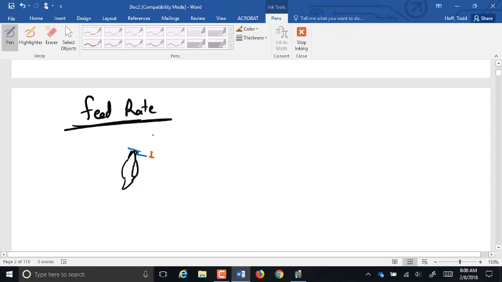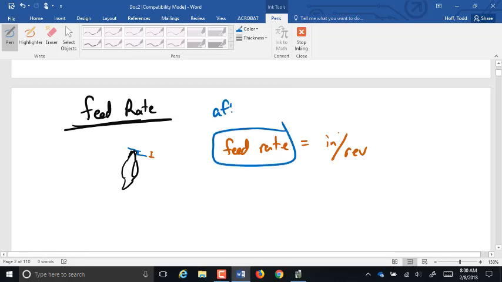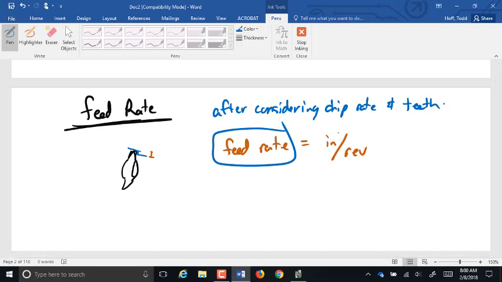That gives you your feed rate, which is in inches per revolution. So what we're going to do is assume that when we say feed rate, that is already after considering teeth and chip rate. We're not going to bother with that. We're just going to say, you found the feed rate, you did your chip rate times your teeth, and this is the number you got.